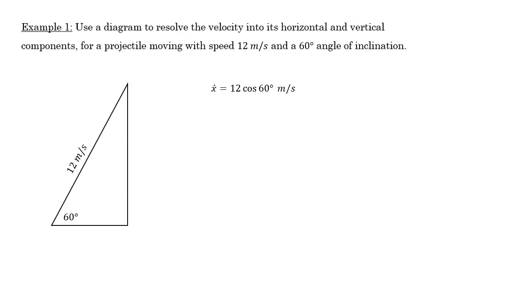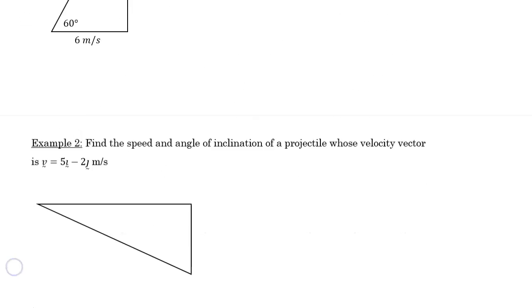So 12 cos 60 is my horizontal, which is 6 meters per second. My vertical component is going to be 12 sine 60, which is 6 root 3 meters per second. Okay, and that gives us our horizontal and vertical components. That's an important first step in many problems.